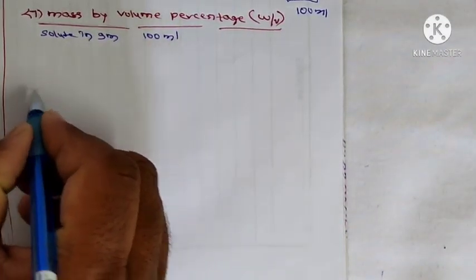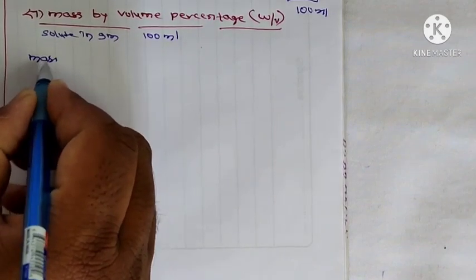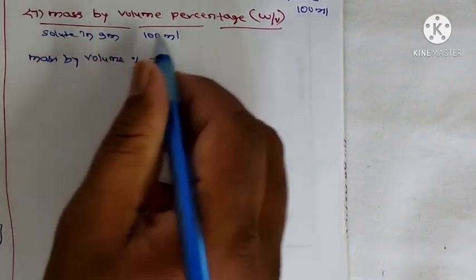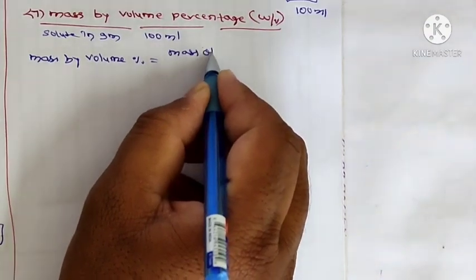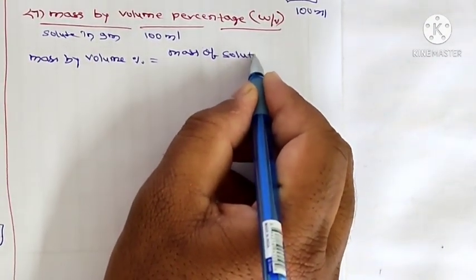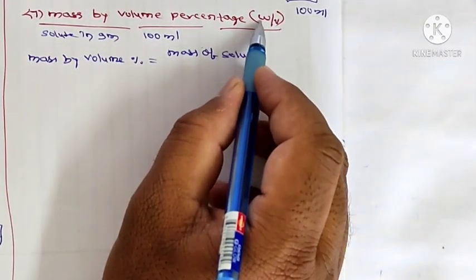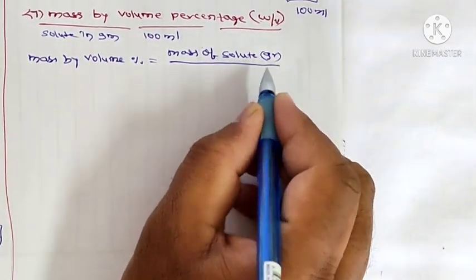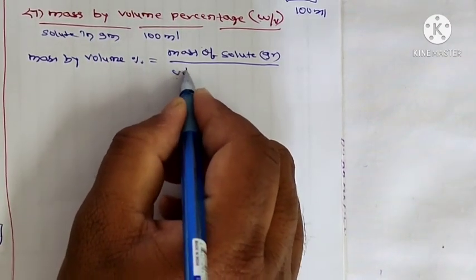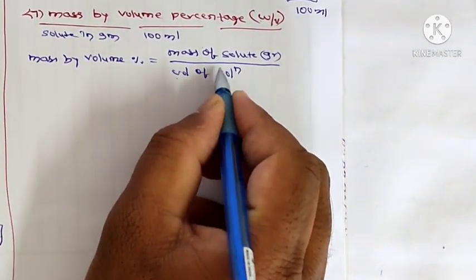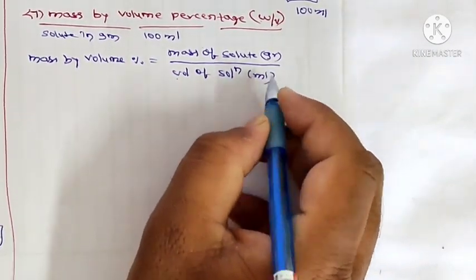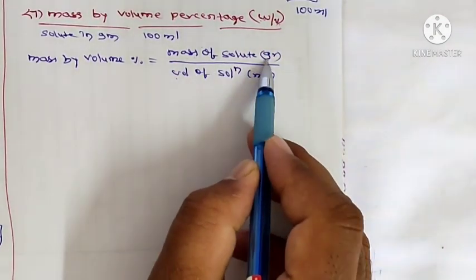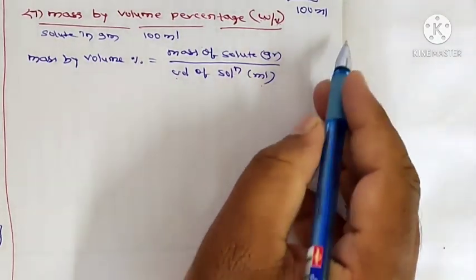So mass by volume percentage is equal to the mass of solute in grams, because it is W by V, divided by the volume of solution in ml, into 100.